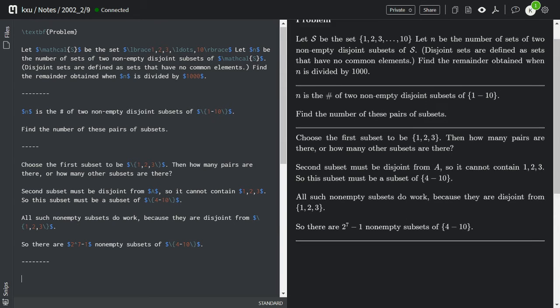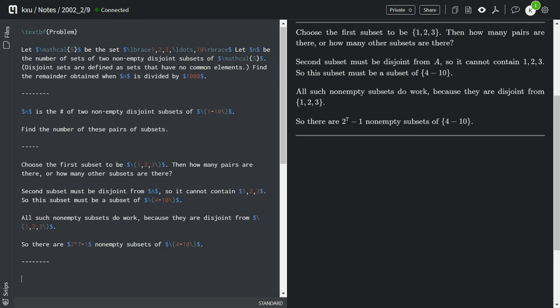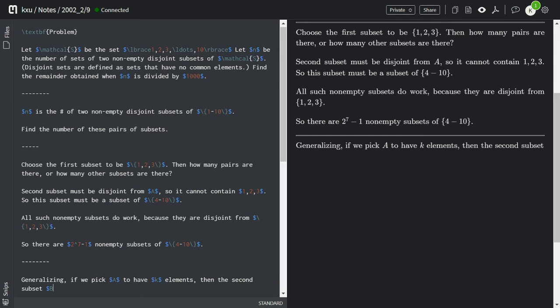Now we can generalize a bit. If we pick A, our first subset, to have k elements, then the second subset, let's call that B, must not contain any of the k elements.